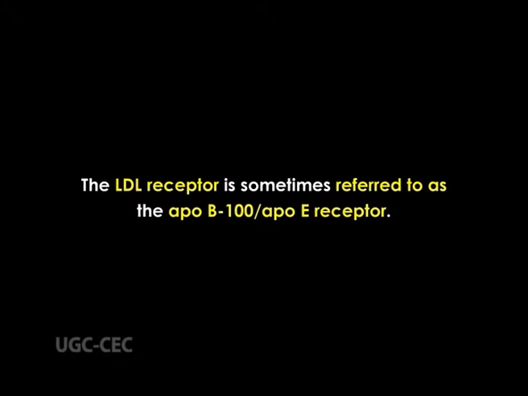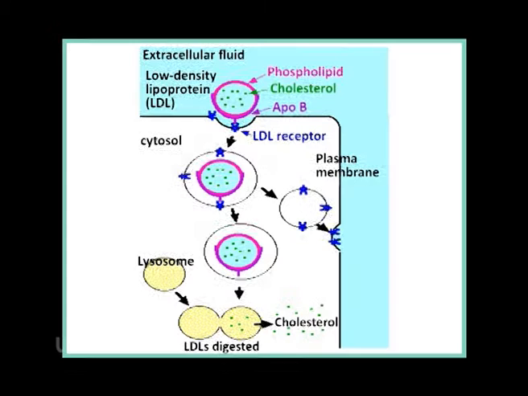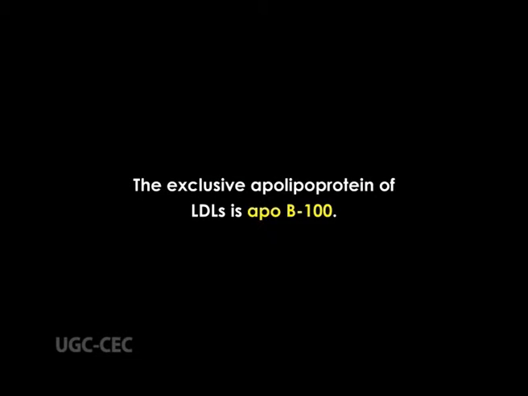The LDL receptor is also sometimes referred to as the ApoB100 ApoE receptor. Although LDL particles possess ApoB100, which is required for LDL receptor binding, the loss of ApoE makes their affinity for the receptor reduced. The exclusive apolipoprotein of LDLs is ApoB100.